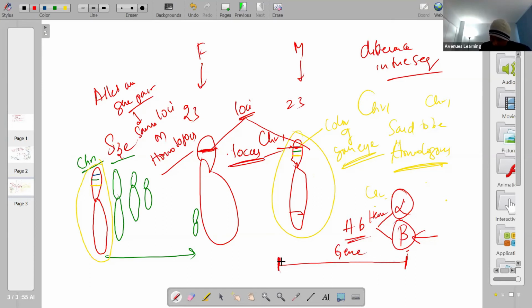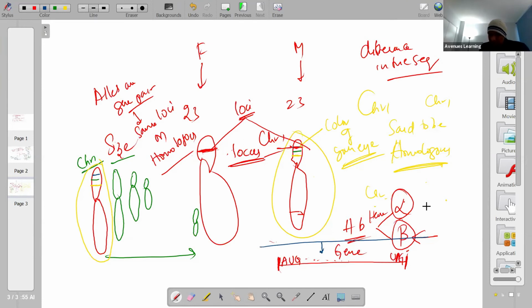If you look at the sequence of this gene, it will have something like AUG, something, something, and towards the end UAG. This is the mRNA sequence that we are showing, the mRNA for the beta globin, coming from a gene sequence.